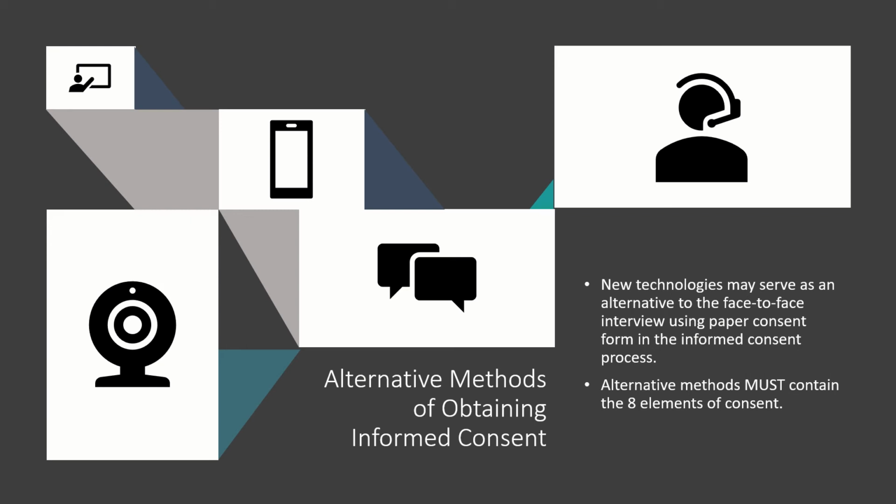The FDA understands that future technologies might have alternative methods, and they have written into their documentation the ability for future technologies that are currently unknown to allow for informed consent to occur. The requirement is that the 8 elements of consenting have to be present no matter what technology is used.